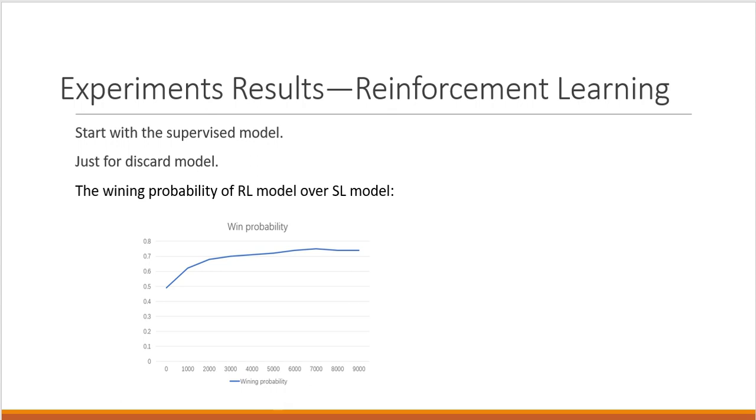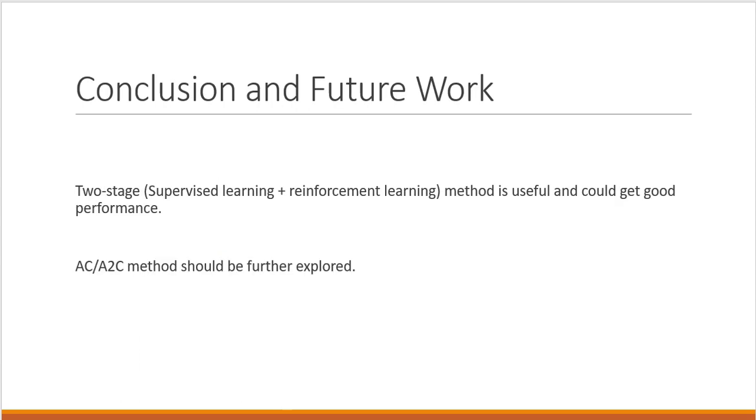As we can see, the win rate of the RL-generated model is increasing as training goes on, which means the RL training does help to improve the performance. Note that the RL AI and baseline AI share the same Peng and Chi models, while the discard model is different.